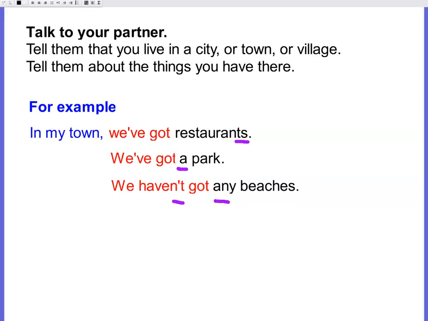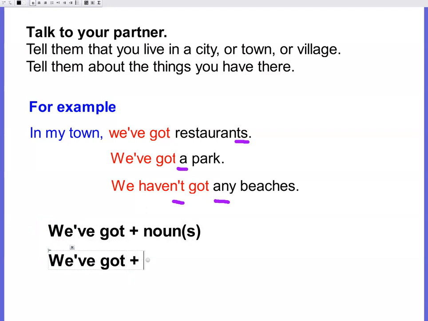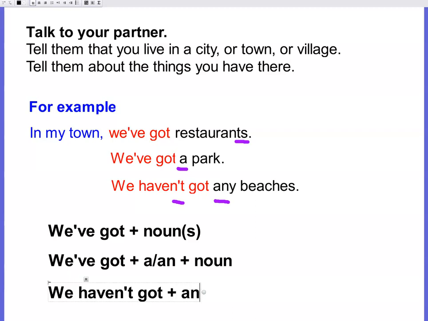Then you can elicit the sentence structure. So it's we've got plus noun with an S at the end. Or we've got plus a or an plus noun when there's one of them. Or we haven't got plus any plus nouns with a plural, right?